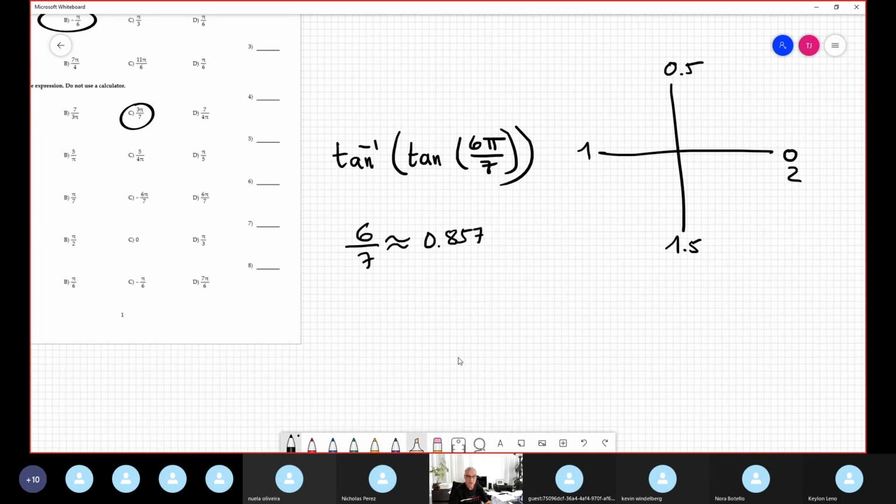It's obvious again. This lies in the second quadrant. So my angle, I don't know exactly what the position is, I don't care, is here. This is the famous 6 pi over 7. That part is easy, no? That part everyone follows me. And I know that the tangent in the second quadrant is negative.